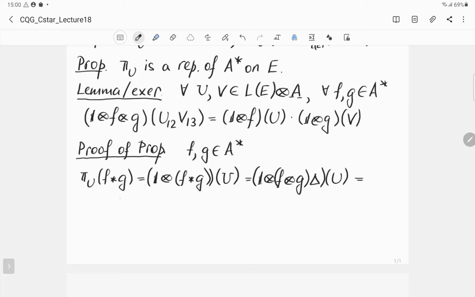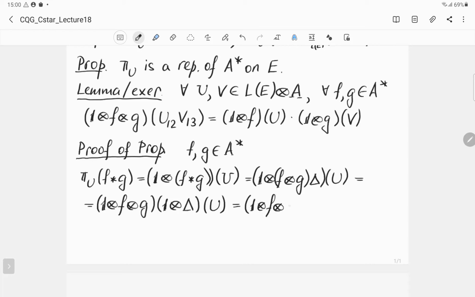So we can equivalently write this element as follows: one tensor f tensor g composed with one tensor delta and applied to U. Now, since U is a co-representation, we have the following.